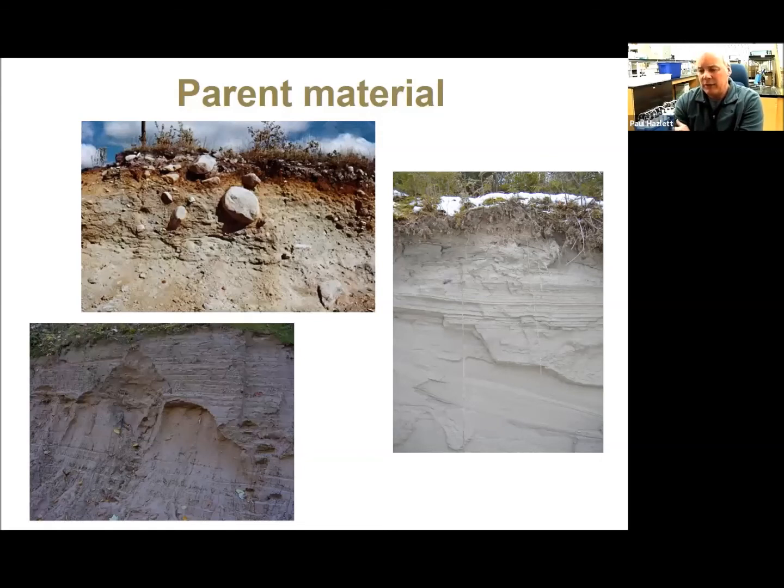So another good example here that I use to point out to students is that in southern Ontario, we have parent material that has very high pH. That's basic soil material. So we have a lot of limestone bedrock in southern Ontario, and therefore the soils that developed in southern Ontario are quite alkaline and have high pHs because of that parent material that they developed in.